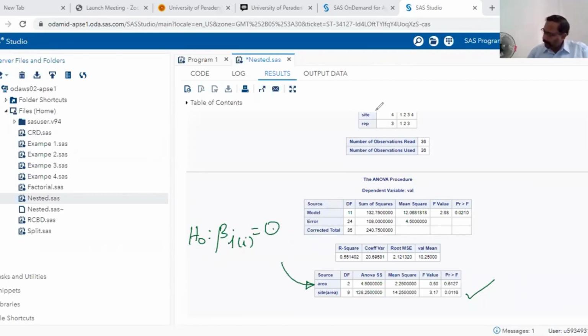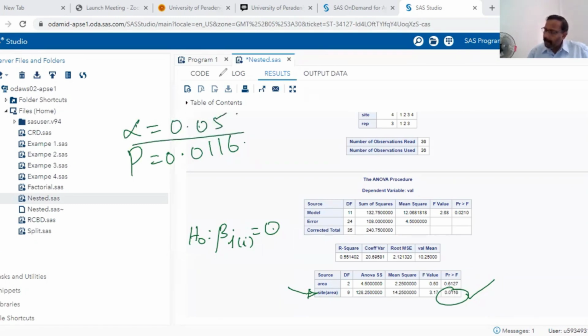That is where, here, the site within the area. So what is the p-value? P-value is 0.0116. If you take alpha value as 0.05, what can you say about the effect of site within the area?